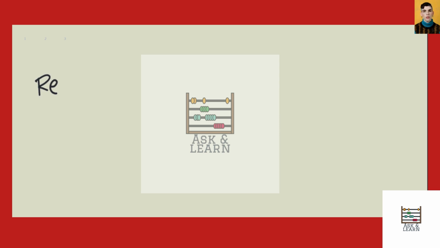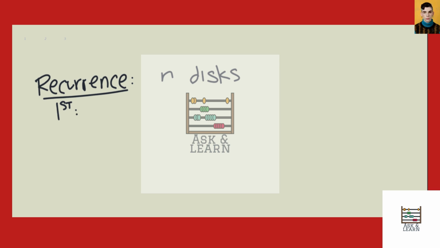Okay, then for our recurrence step here, we consider where we have n disks. We kind of break it down into 3 broader steps, right? So first, we're going to move the n minus k smallest disks to the 2nd peg.